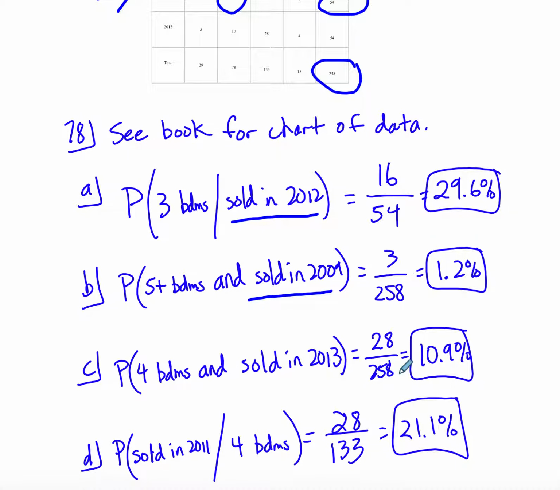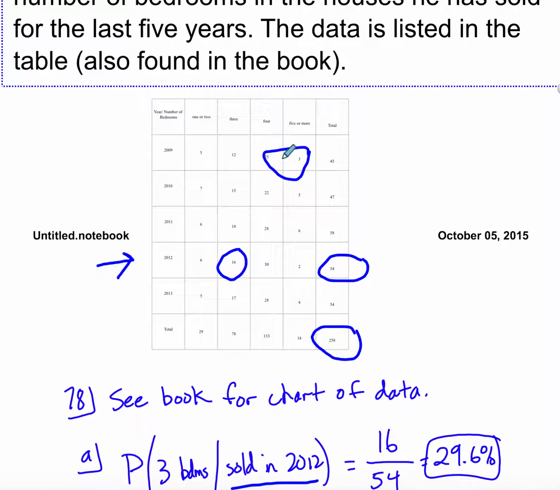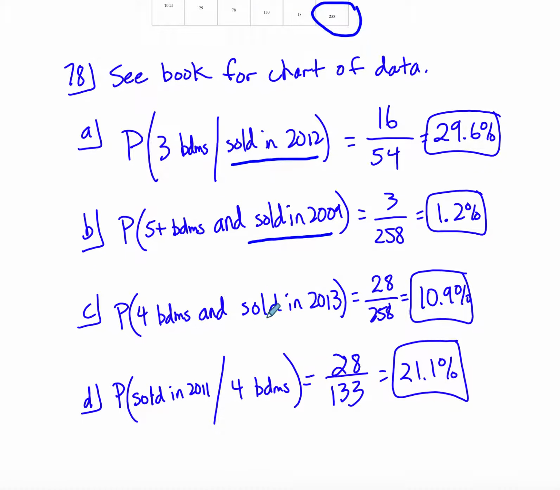Again, we're not given any information, so it will be out of 258. 4 bedrooms is this row here, and 2013 is this number here. Looking at that, we find that there were 28 homes that had 4 bedrooms and were sold in 2013 out of all the houses.